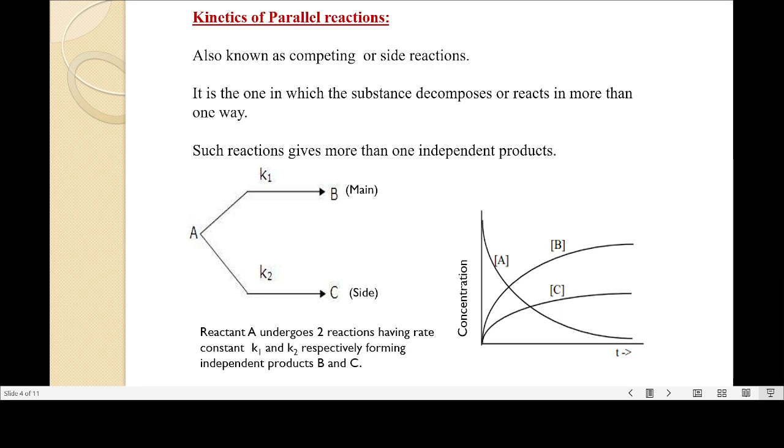Let us consider k1 as the rate constant for the conversion of A to B, and k2 is the rate constant for the conversion of A to C. In the graph of concentration versus time, we can see that the concentration of the reactant A continuously decreases because the reactant is converted into product, whereas the concentrations of B and C continuously increase.